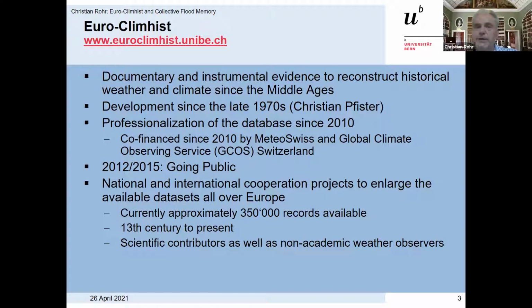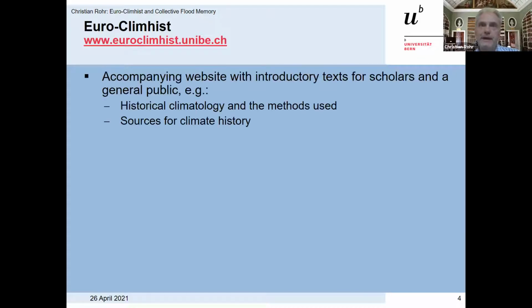So for instance, we have a weather observer from the canton of Glarus in the Swiss Alps who makes a photograph every first of a month, and this is done for the last 30, 40 years. So we can compare how, for instance, the 1st of August was concerning snow cover in the Heim Alps, and so on and so on.